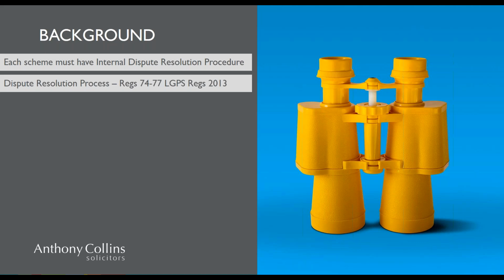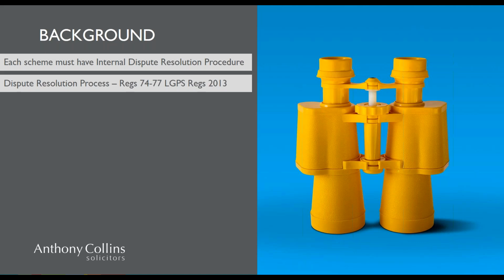The LGPS has gone one step further and has actually set out the procedure within the regulations governing the LGPS. So regulations 74 to 77 of the 2013 regulations. Other occupational schemes typically set their own procedure. It won't be in their scheme rules, but the LGPS has decided that it'll set it out within the regulations.